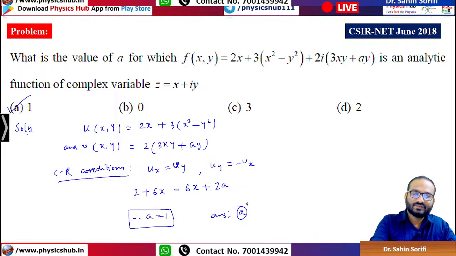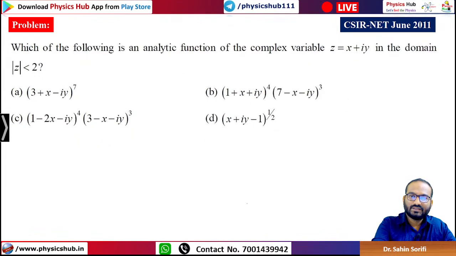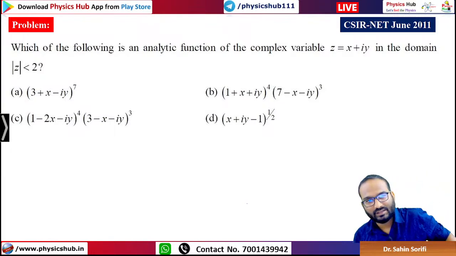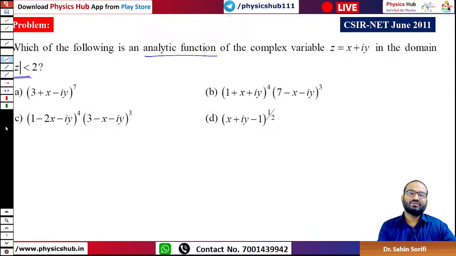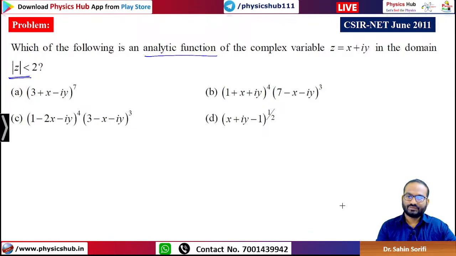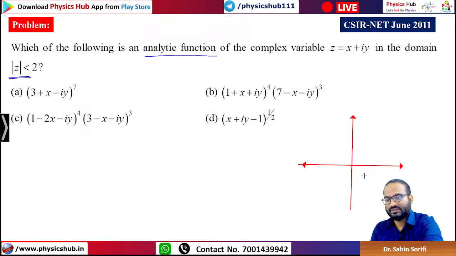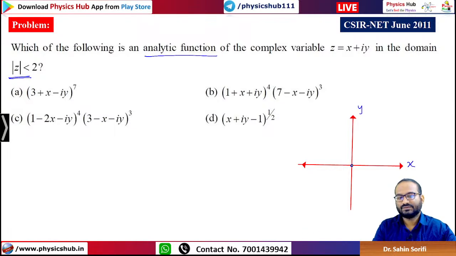Now do it quickly, this problem. I think now you are very strong in this concept. Which of the following is an analytic function of the complex variable z equals x plus iy in the domain mod z less than 2? What is the meaning of mod z less than 2? Mod z equals 2 is a circle centered at the origin with radius 2, right?